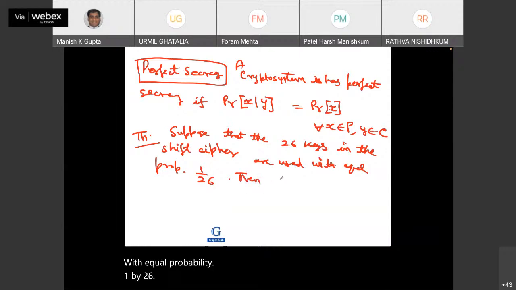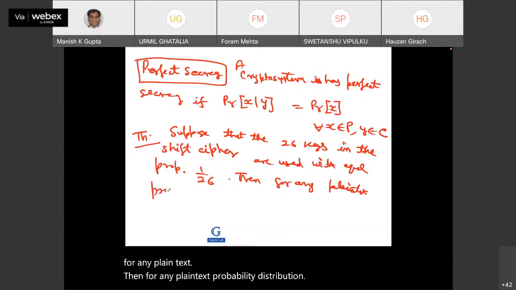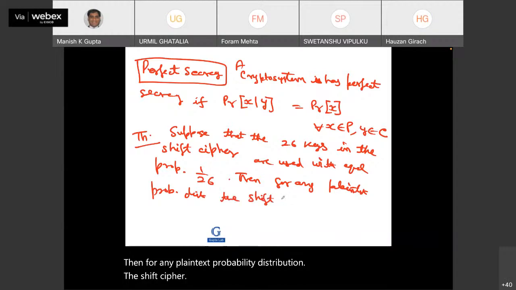Then for any plaintext probability distribution, the shift cipher has perfect secrecy.